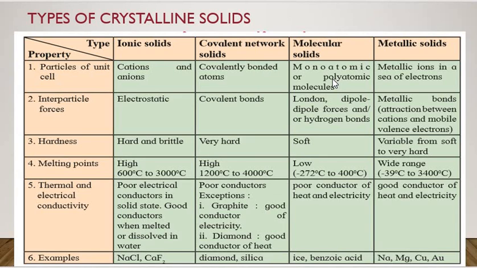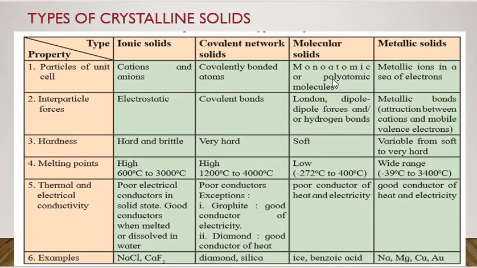It could be London dispersion forces, dipole-dipole interaction, or hydrogen bonds. They are soft and their melting points are also low. They are poor conductors of heat and electricity. Examples of such solids are dry ice, benzoic acid, or ice.